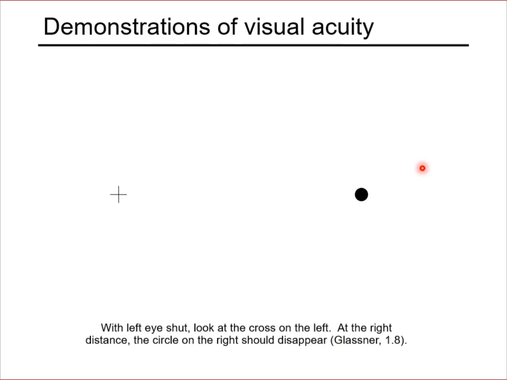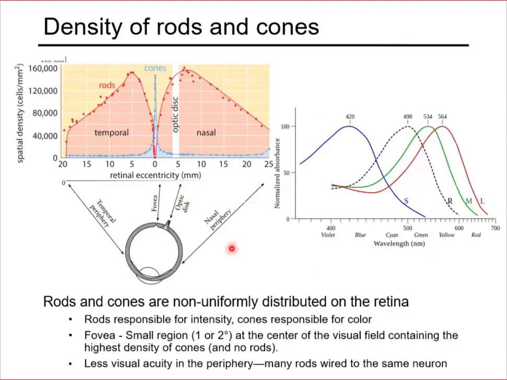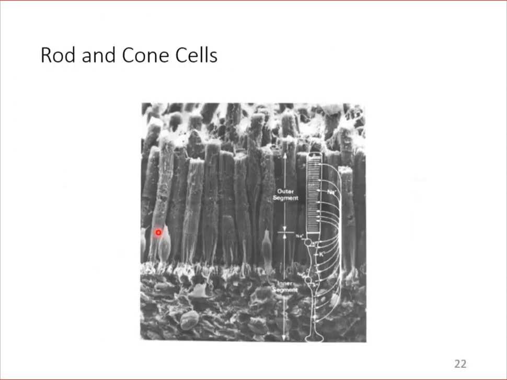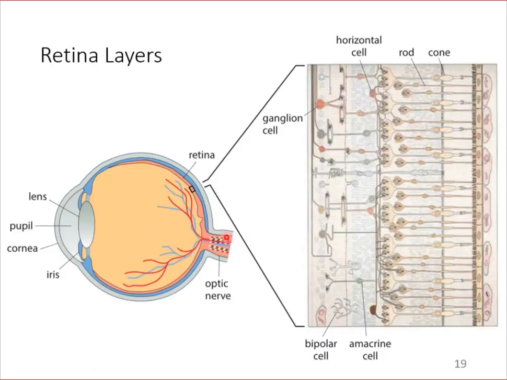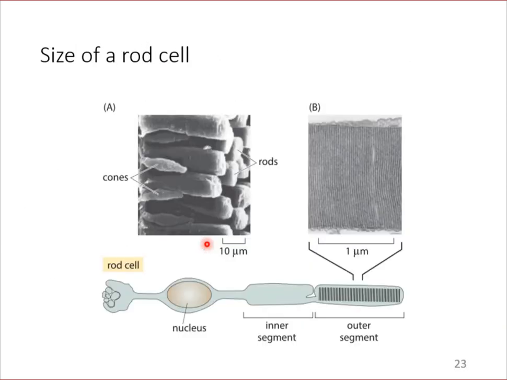Okay, let's go back to the chart. This area is the optic nerve. There is no cone cell or rod cell here, because all of the signals pass through this spot to your brain. So there's an interesting test.